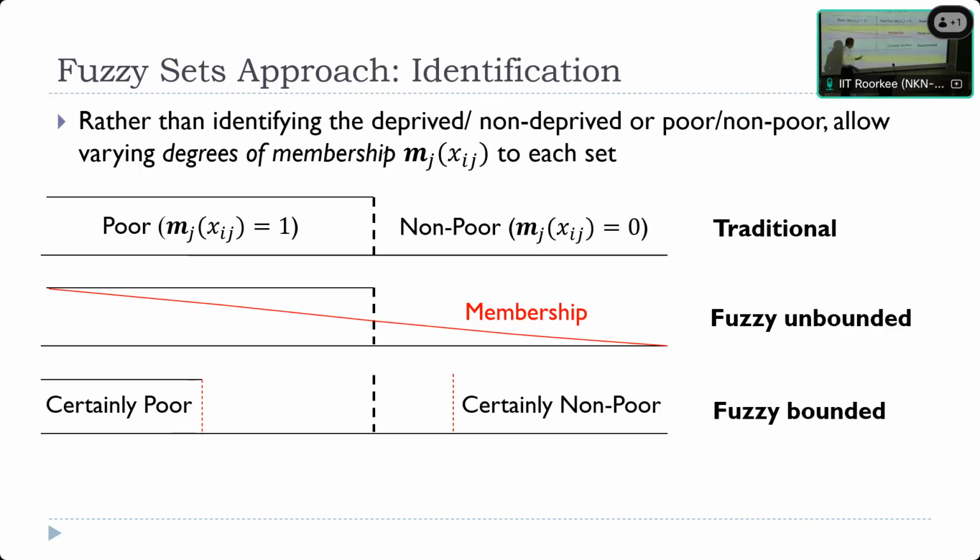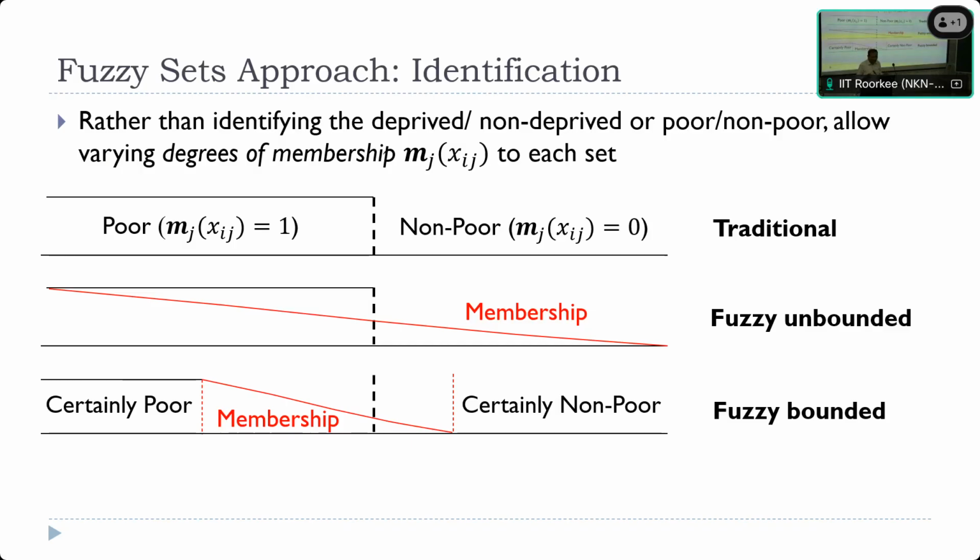So instead of taking this one, they take an upper bound below which they are certainly poor. Above that bound, they are certainly non-poor, and in the middle, instead of going from 0 to 1, they assign a membership function. So your degree of poorness will go down, and by the time you reach here, your degree of poorness is gone. You're not poor anymore. That's the basic idea of fuzzy sets.